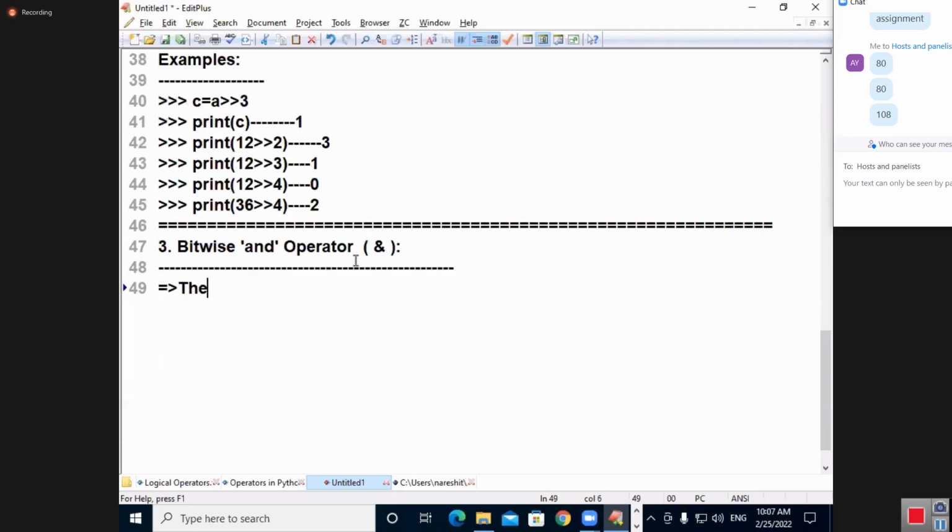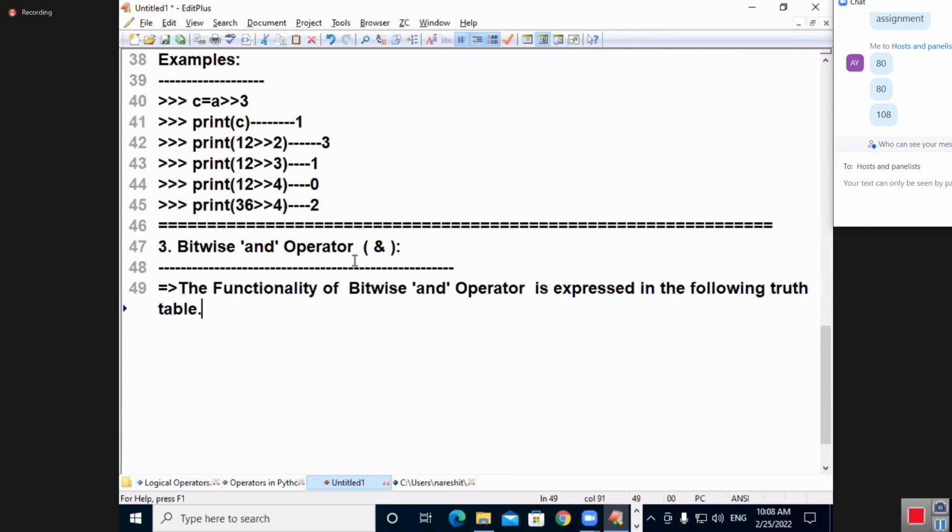Now see, the first functionality I am explaining: the functionality of the bitwise AND operator. Bitwise AND operator is expressed in the following truth table. What is the truth table I am writing?